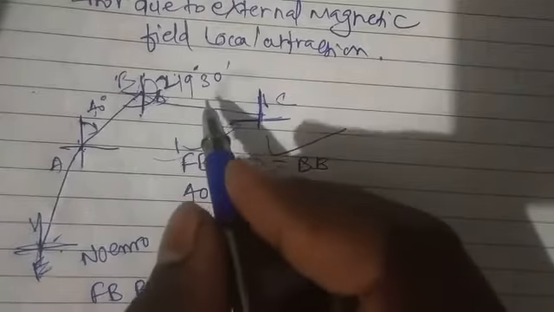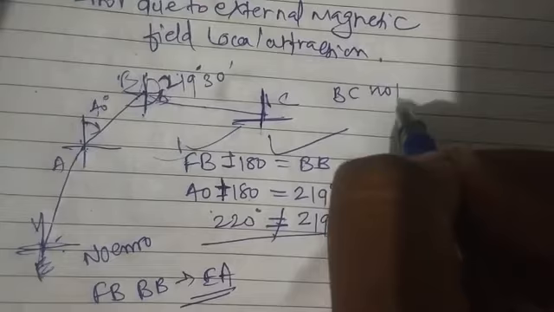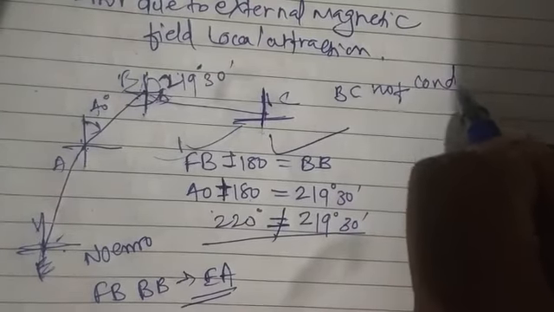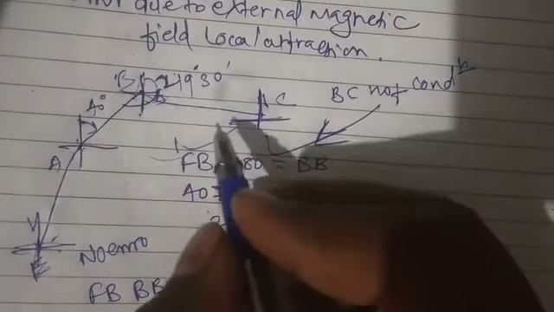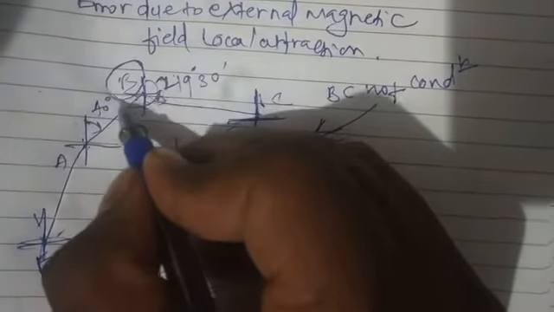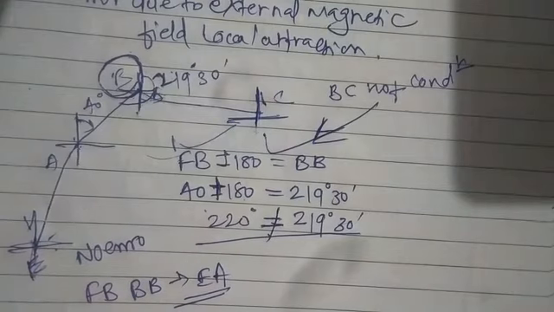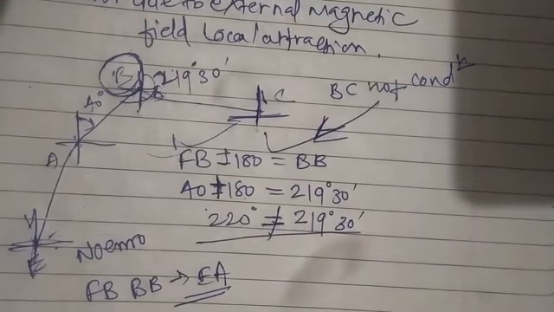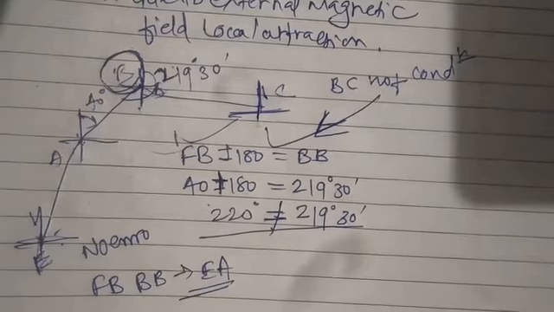If we find that line BC is not satisfying the condition of fore bearing and back bearing, in such a case we'll come to know that the error due to local attraction is at point B. So this is how we'll find out the error due to local attraction.